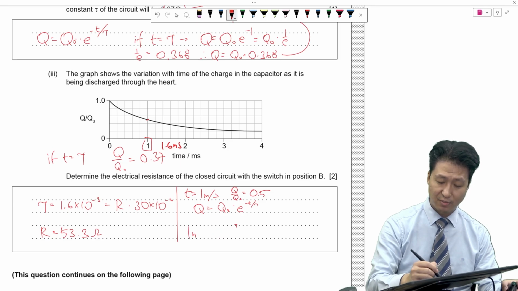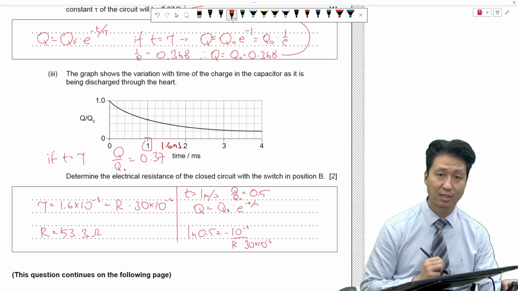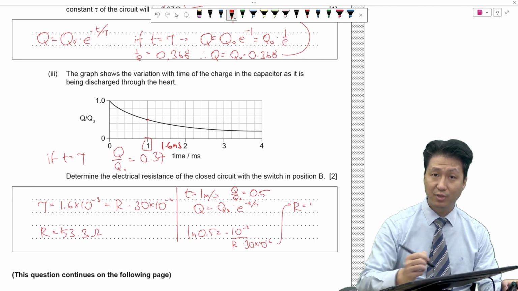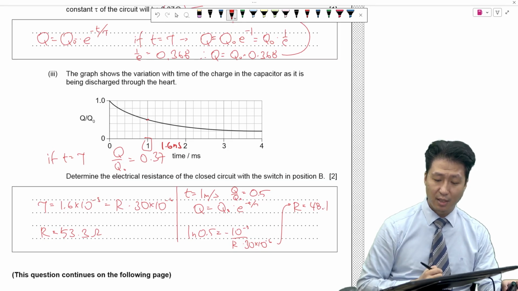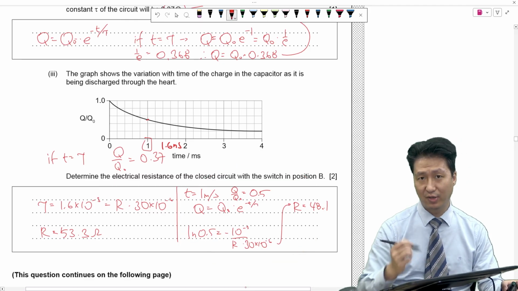Natural log of 0.5 is equal to negative 10 to the negative 3 divided by the resistance and 30 times 10 to the negative 6 for the capacitance. If you use this value, the resistance would be approximately 48.1. So the important part is you have to write down all your steps because the answers may vary.